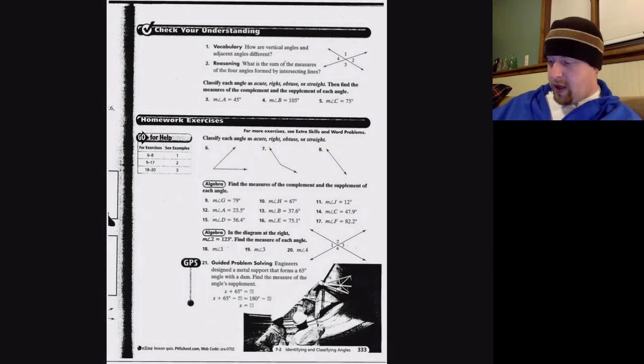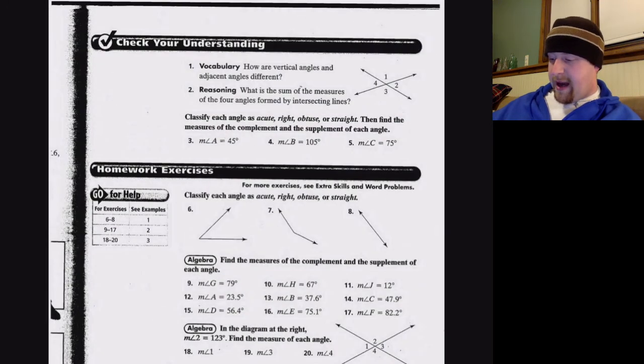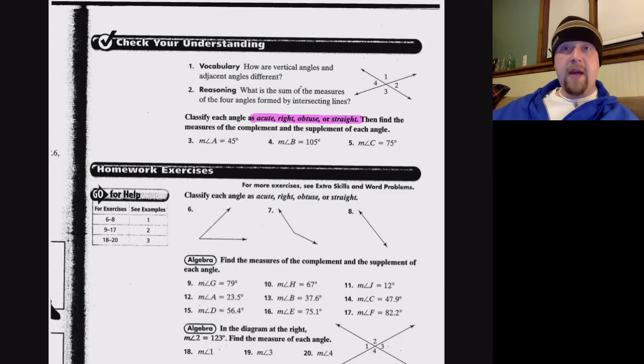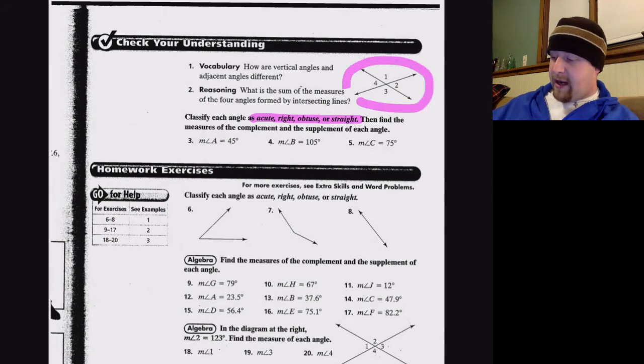Okay, so if you're looking at your homework, they're going to ask you to identify acute, right, obtuse, or straight angles. You can look at some of those definitions earlier in the previous pages. They're going to want you to identify diagrams where there are adjacent and vertical angles present.